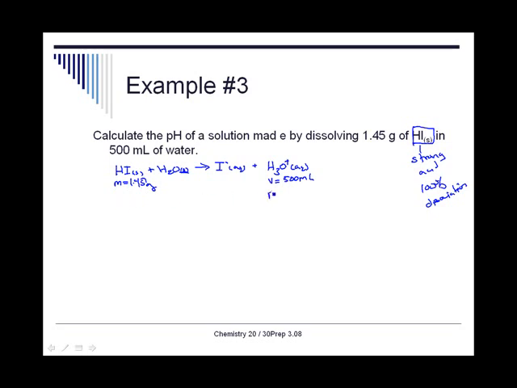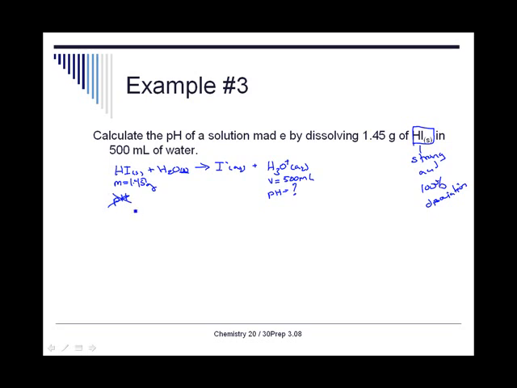What we want is pH, and I'm just going to write the pH underneath my hydronium ion because that's what pH is related to. pH is related to the concentration of hydronium, not the concentration of our acid. The concentration of our acid compound or our base compound is going to be different sometimes than the concentration of our hydronium ions.